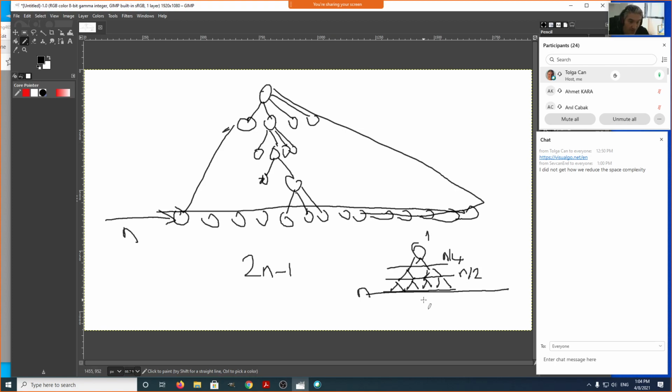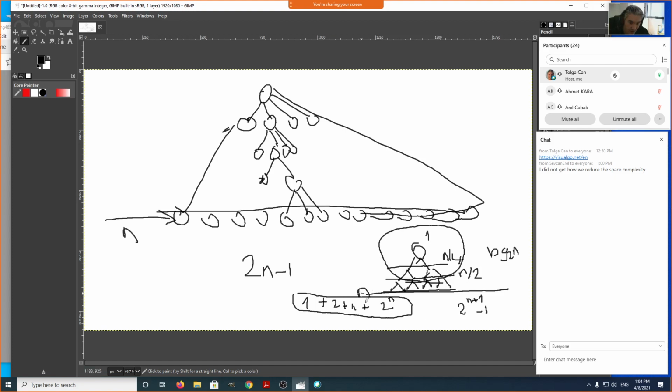If you sum them up, the height of the tree will be log base 2 of n, but if you sum all the nodes here, 1 plus 2 plus 4 plus, for example, up to 2 to the n, what is this equal to? It's equal to 2 to the n plus 1 minus 1, right? So the summation is equal to that.